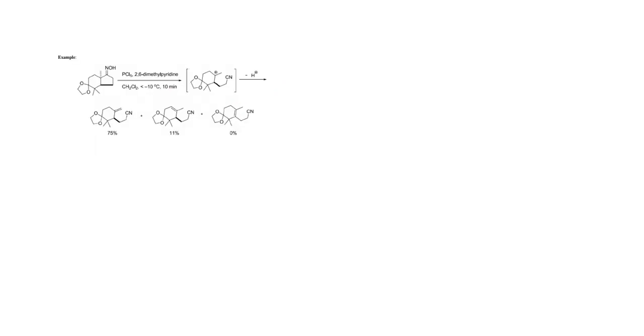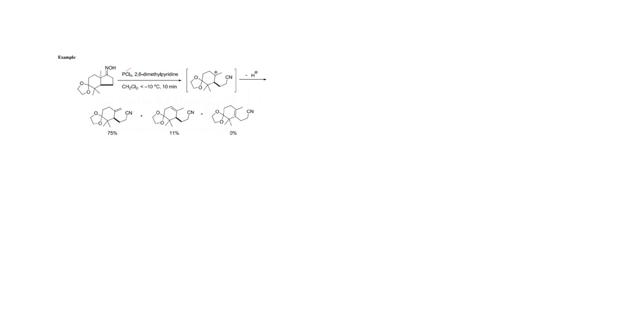And here is another example of such type of abnormal Beckmann rearrangement reaction. In the previous example, protic acid is used, and in the next example, Lewis acid is used. As we already talked about, in the Beckmann rearrangement reaction both types of acid are feasible.